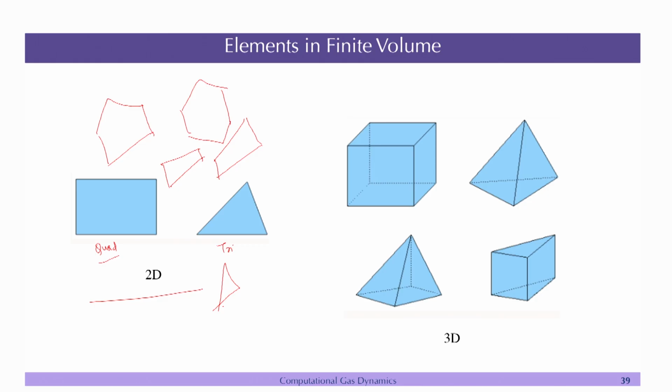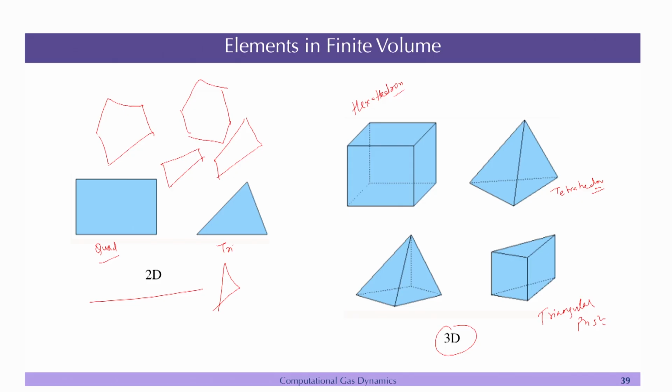This is for 2D. In 3D, you have the tetrahedron, so you will have a tetrahedron mesh, and this is, for example, the hexahedron. This is the triangular prism, and this is a tetrahedron. This is a pyramid.